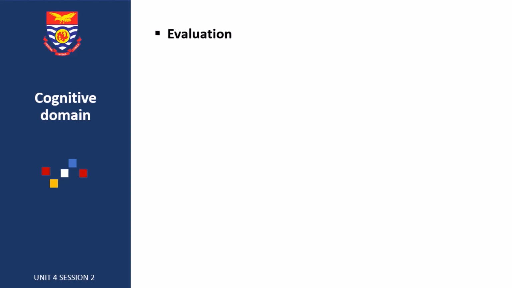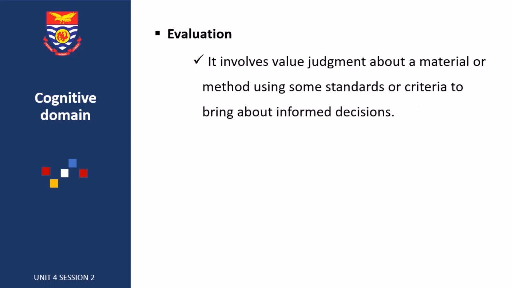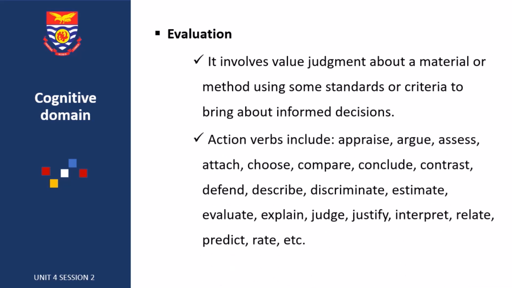We have the evaluation, and at the evaluation level, students are required to make judgments about a material or method using some standards or criteria to bring about informed decisions. And here also, if you want to state an objective to reflect this level, then you may use action verbs such as appraise, argue, assess, attach, choose, compare.